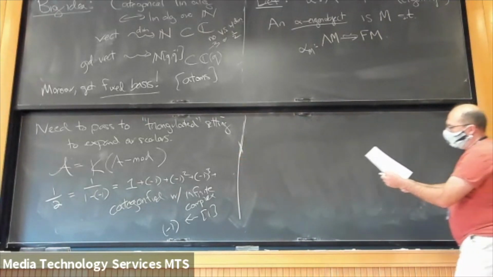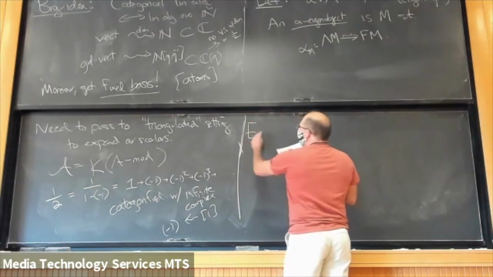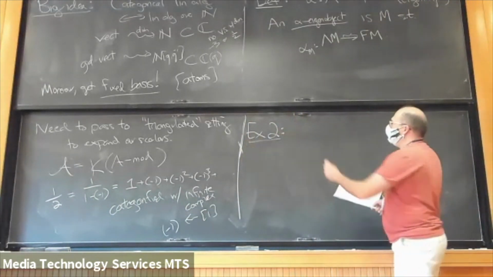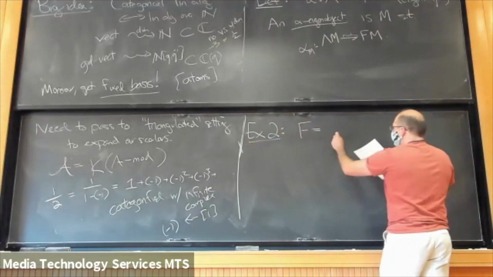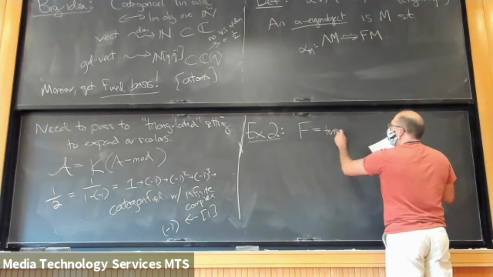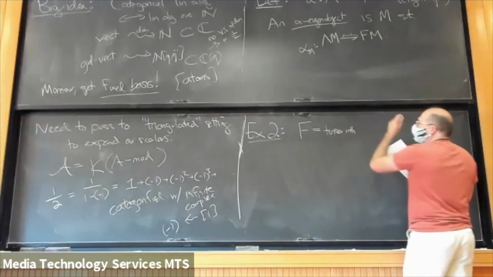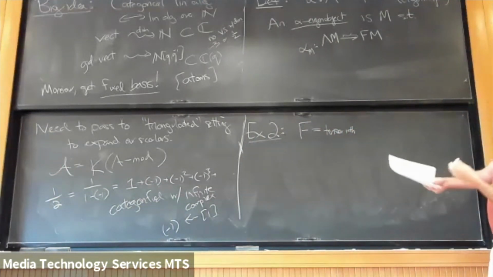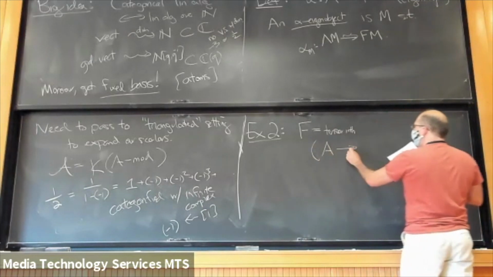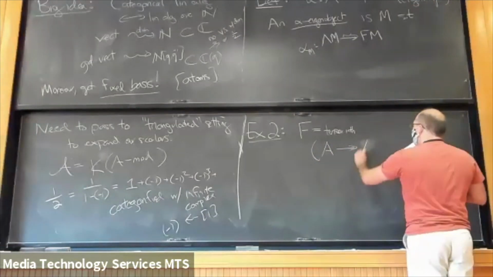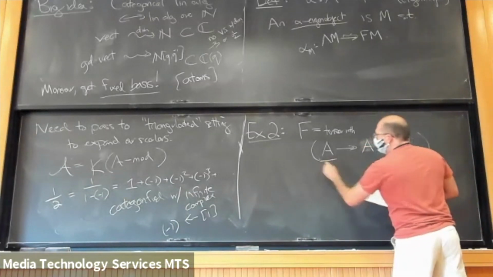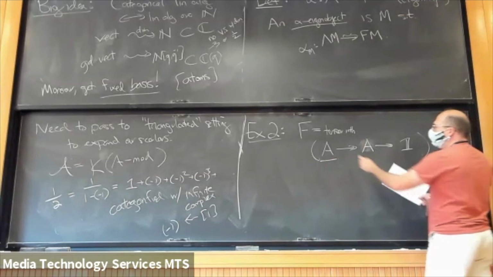Okay, so let me fix example 2. And again, I'll motivate this in a minute. But F is going to be the functor of tensoring with not an actual module over the group algebra, but some complex. It's a 3-term complex with this term in homological degree 0.